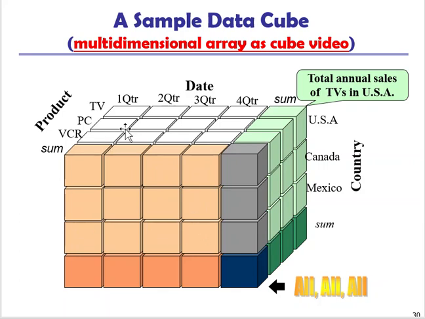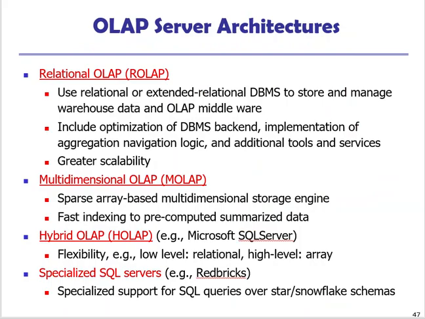The data is already together. So the natural indexing that is part of the multidimensional array makes computation of those cuboids much more efficient. This is the strength of the multidimensional array storage.